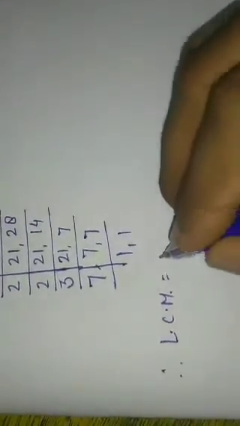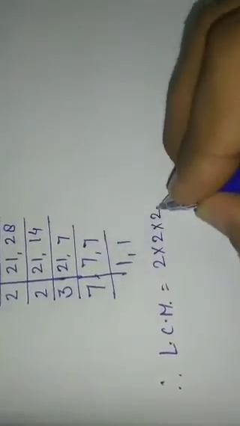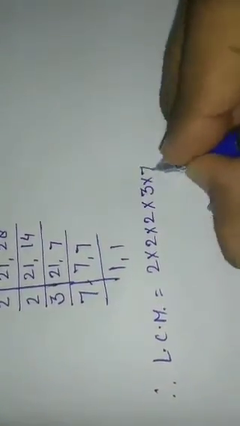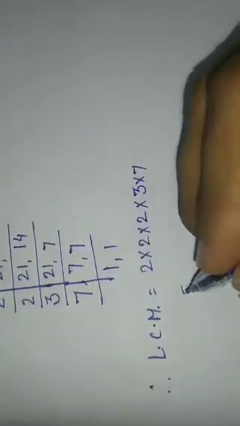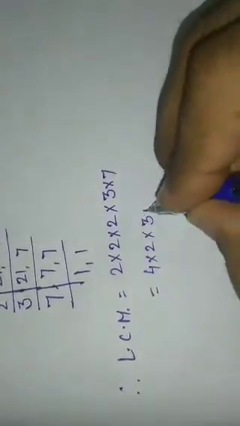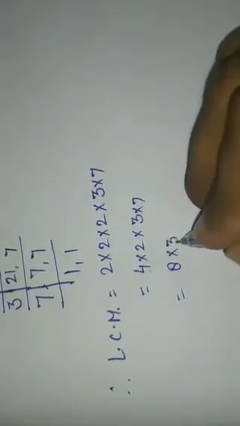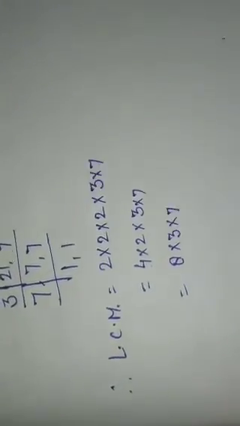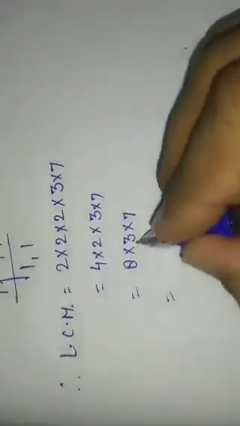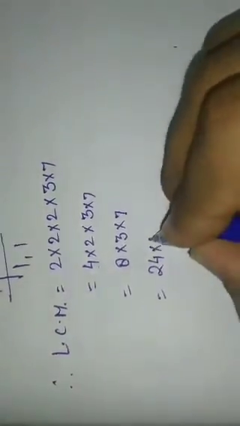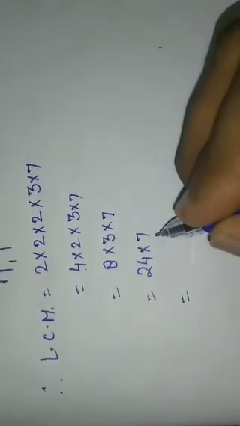So now you will find the LCM. Therefore LCM is equal to 2 into 2 into 2 into 3 into 7. Now you can multiply it. 2 twos are 4, 4 into 2 into 3 into 7, 4 twos are 8, 8 into 3 into 7. Then 8 threes are 24, 24 into 7.